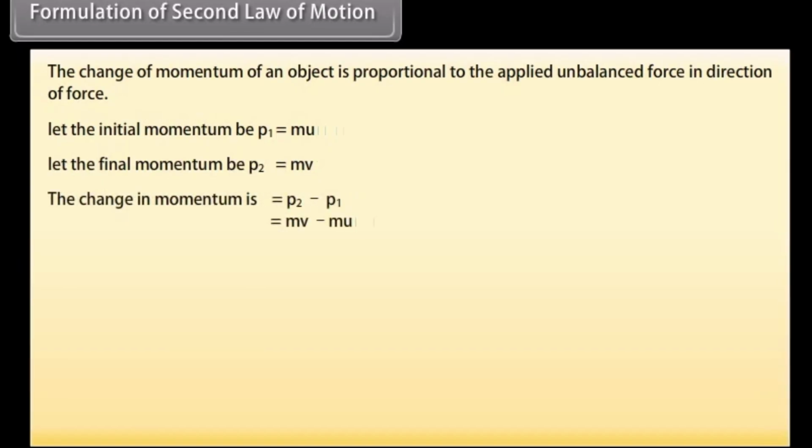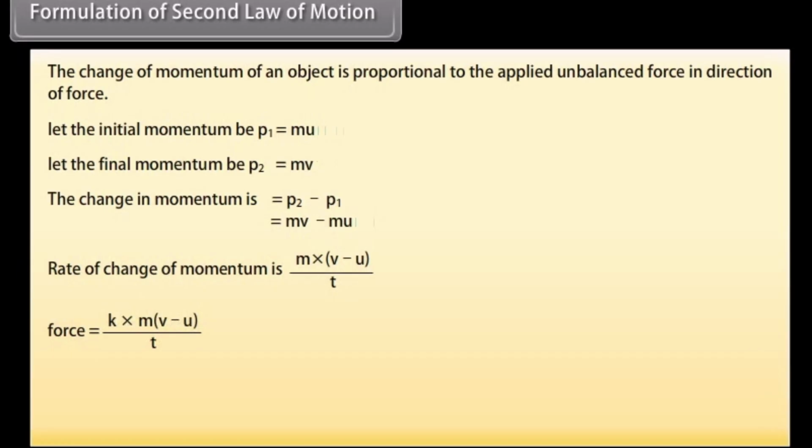The change in momentum is P2 minus P1, which equals mv minus mu. Rate of change of momentum is m into v minus u whole upon t. Force is equal to k into m into v minus u whole upon t. Force is equal to kma, where k is the proportionality constant.